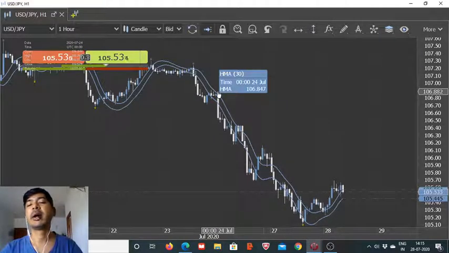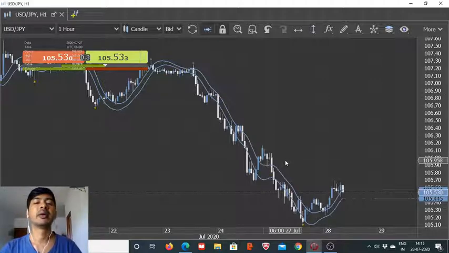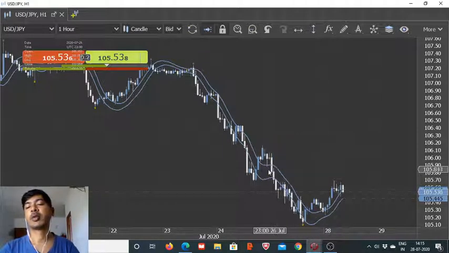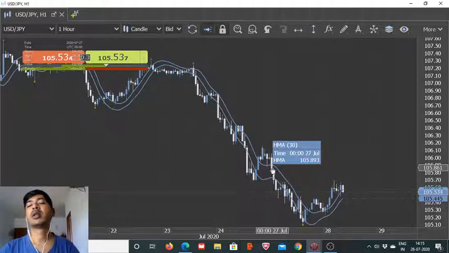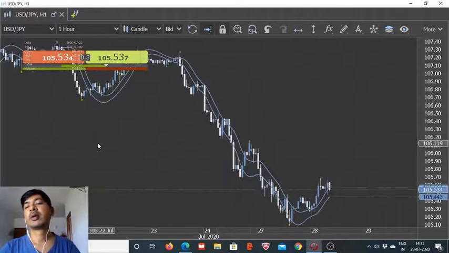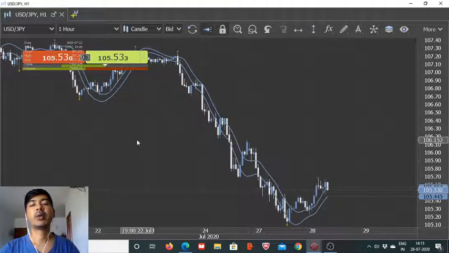And on the higher side, I consider the shorting opportunities closer to this, of course, as long as the price action is showing the hourly close or last candle period's close just below these HMA levels. So we can use those conditions, and this HMA band can be used that way.